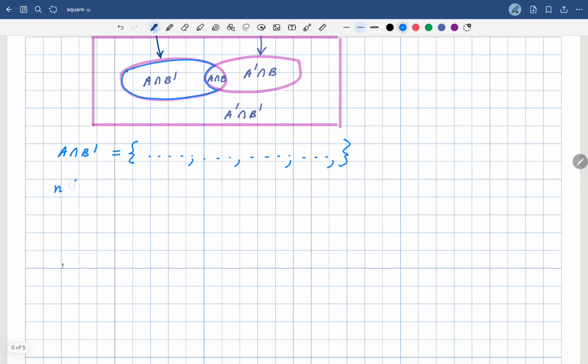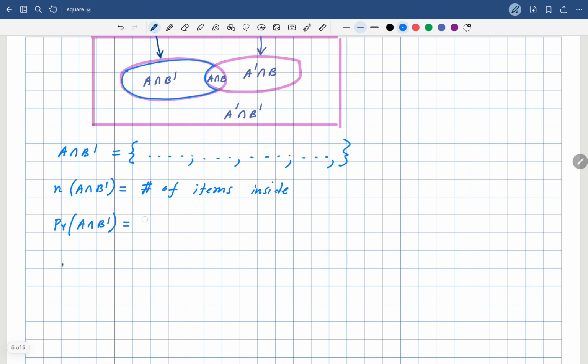But if you say n of A intersection B prime, there you get the number of items inside. That's it. Then if you want to find the probability of A intersection B prime, how do you do that?